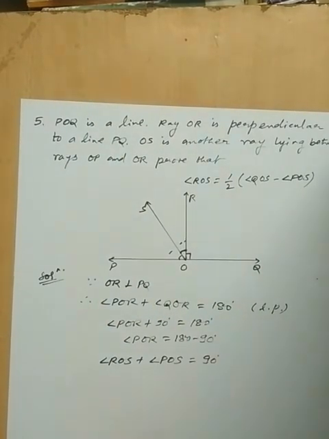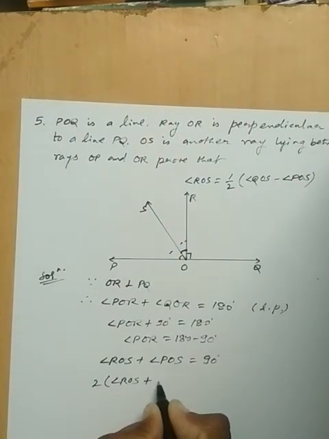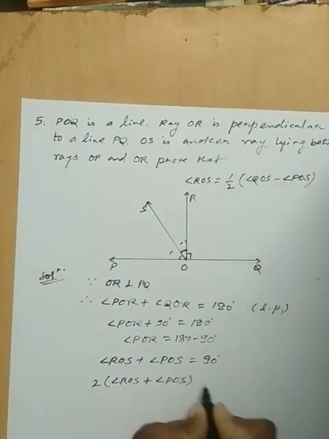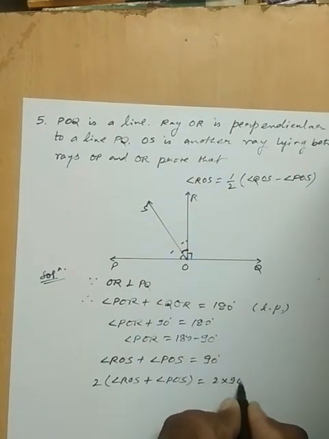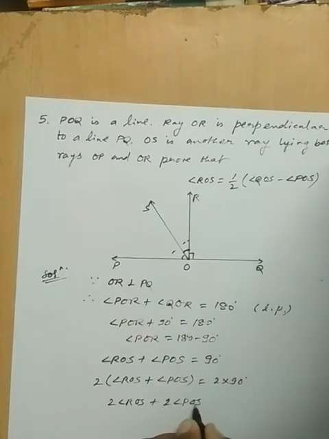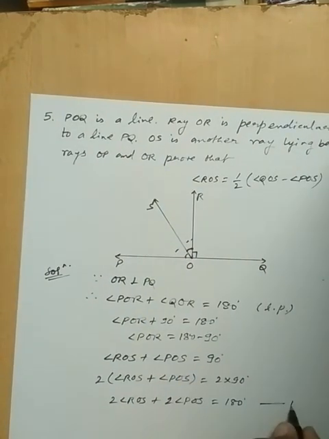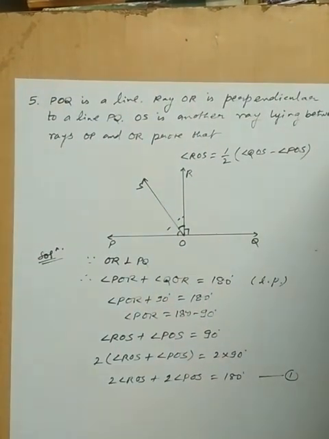And we should multiply by 2 on both sides. So twice of ROS plus POS equals 2 into 90. So twice ROS plus twice POS equals 180 degrees. This is equation first.